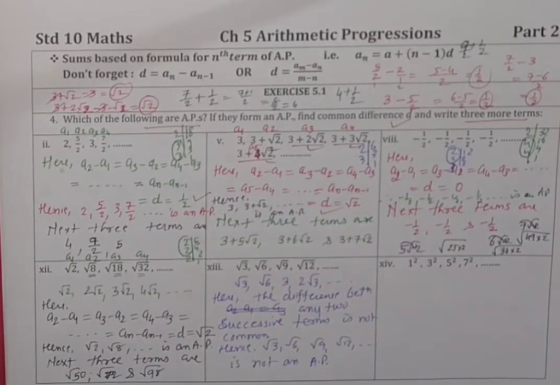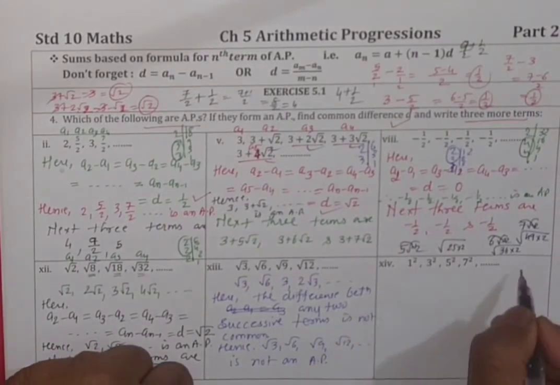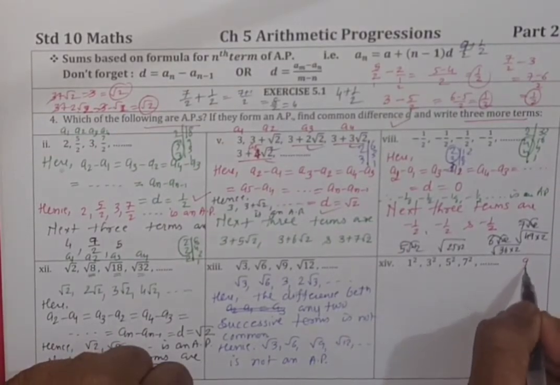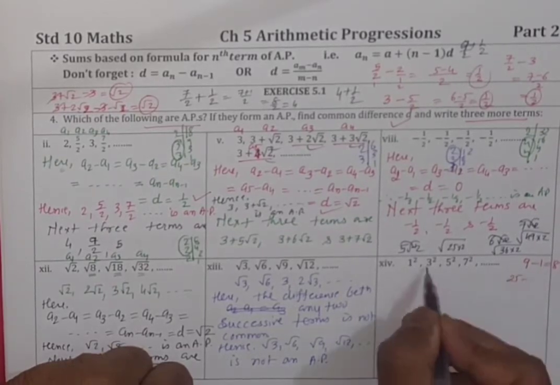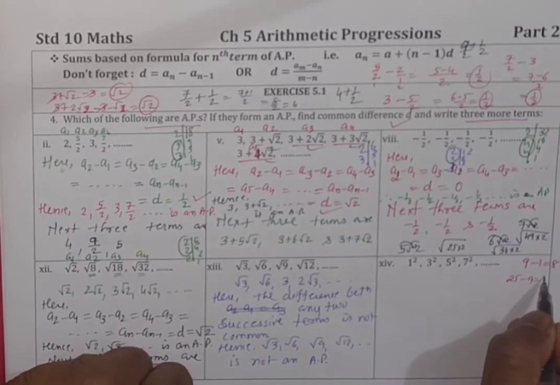क्लियर चिल्ड्रन? चलिए इसका 1 square 1 और 3 square 9, so 9 minus 1 it gives 8. 5 square 25 minus 3 square 9, so that gives us how much? 25 minus 9 करिए 16.